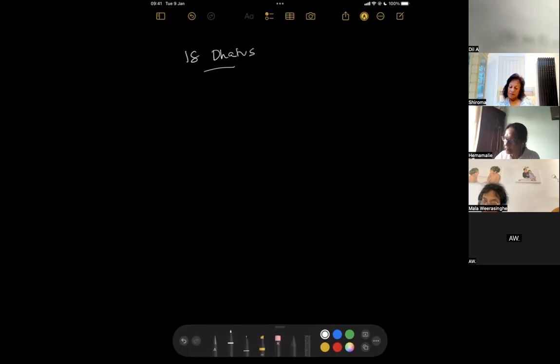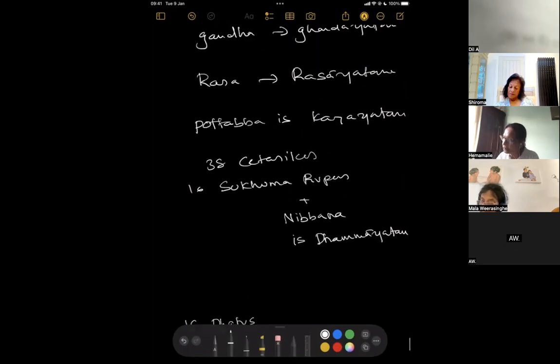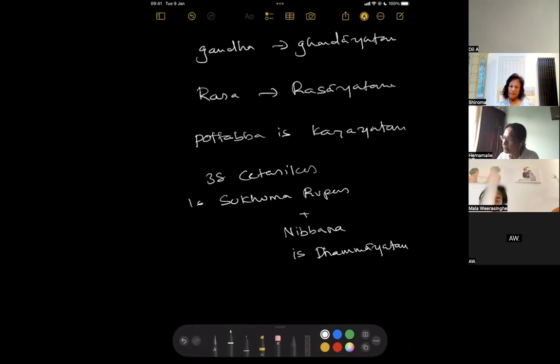The 38 chetasikas, the 16 sukhuma rupas and nibbana become Dhamma Dhatu.